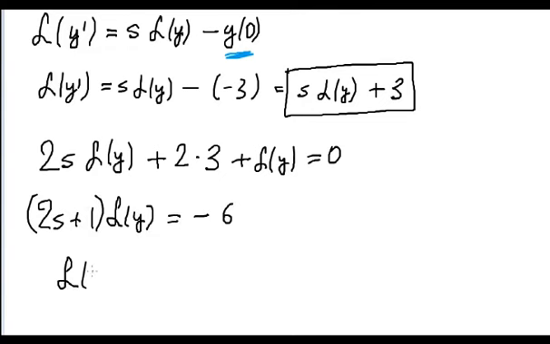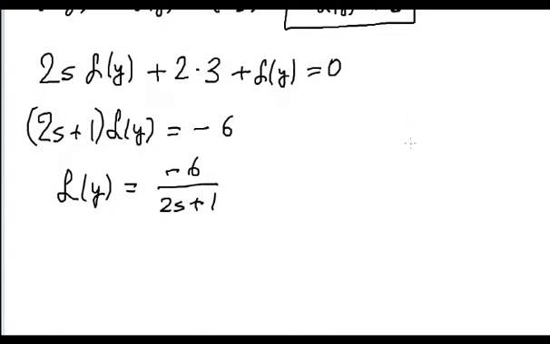So then L of y must be equal to minus 6 divided by 2s plus 1. And now the question is, what is y? In these few steps from here to there, we not only wrote down the equation with L of y being unknown, but we also solved it.